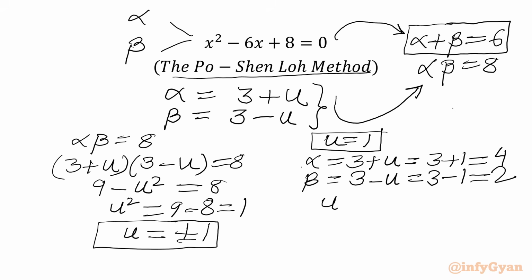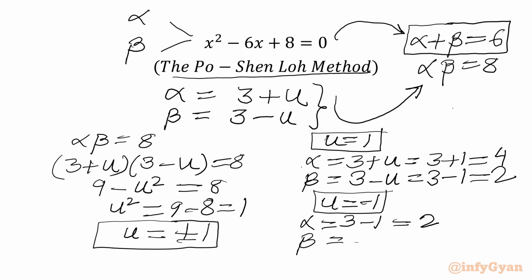And if we consider u equal to minus 1, only roots will swap. We will get alpha 3 plus u, so here we will write minus 1 because u is minus 1. Alpha will be 2 and beta will become 3 plus 1, value will be 4. So we have two roots of the given quadratic equation, 2 and 4, using Po-Shen Loh method.